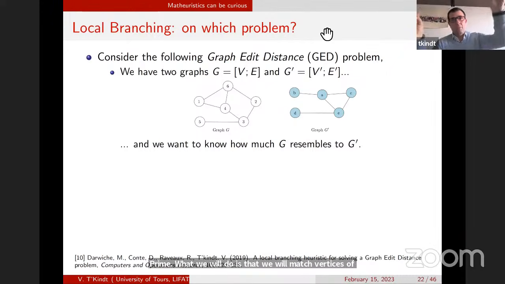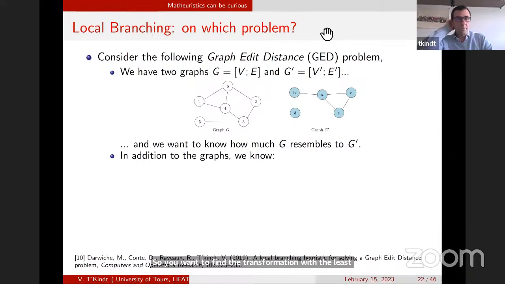We will match some edges, and we may also remove some vertices and remove some edges. So we will transform graph G into graph G prime, and we will count the number of operations that we did to do such a transformation. And each operation has a cost. So you want to find the transformation with the least cost.